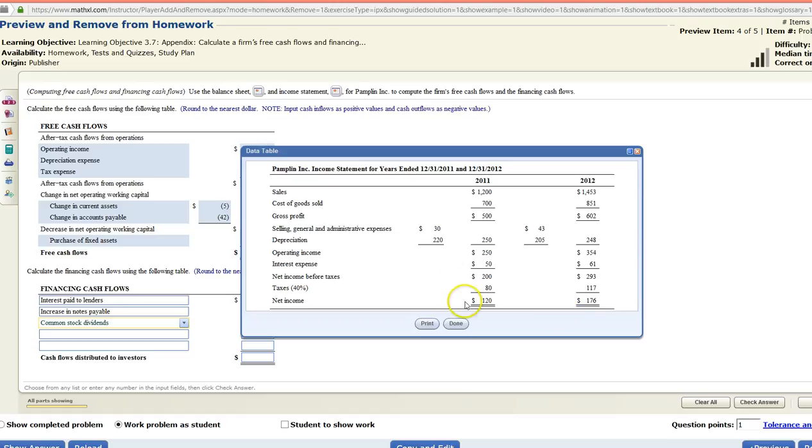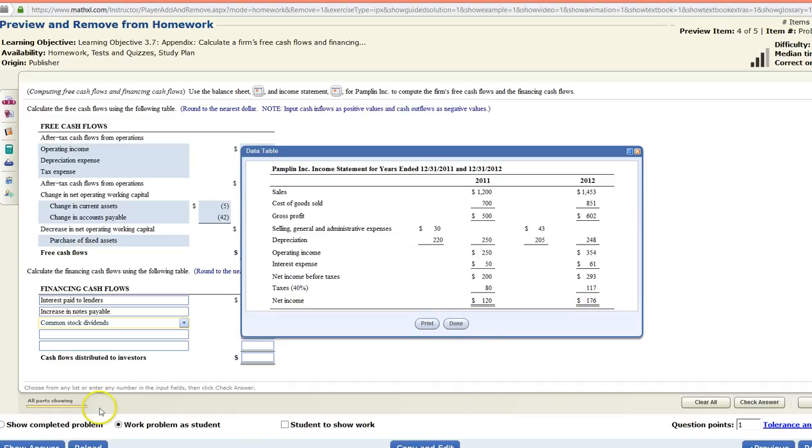Unfortunately, we don't, right? The last item on the income statement is the net income. And we know that net income can be further broken down into two parts. One is the dividend, another one is the addition to retained earnings. But here, unfortunately, we don't have that information.